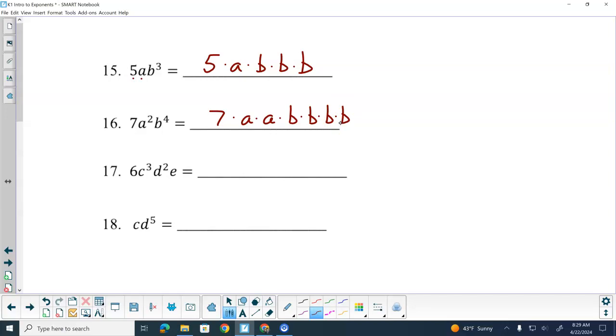Then we've got a 6, 3 C's, 2 D's, and 1 E. Then we've got a C and 5 D's. And then we've got a homework.